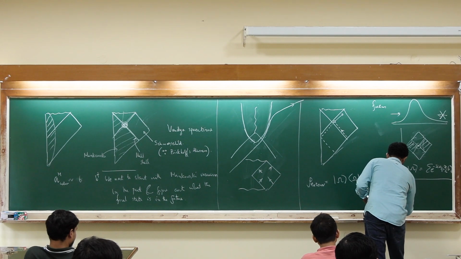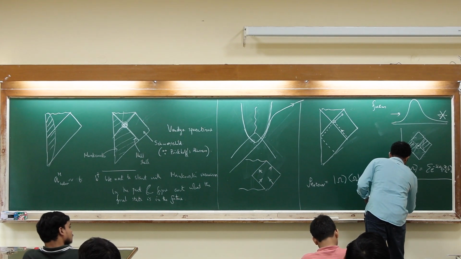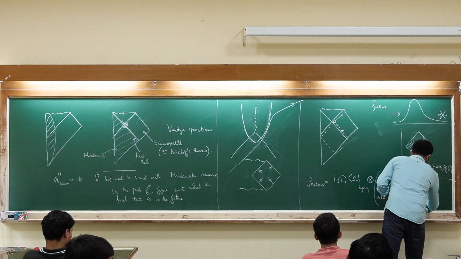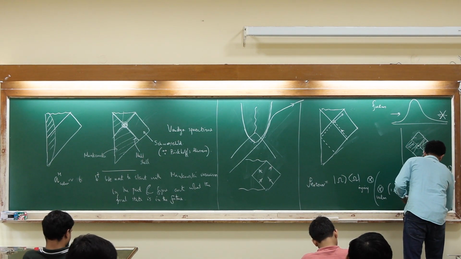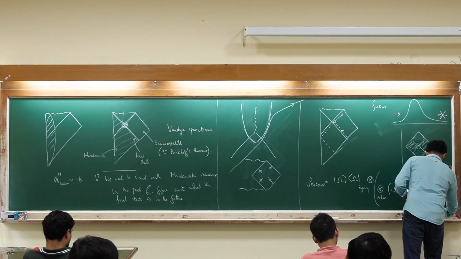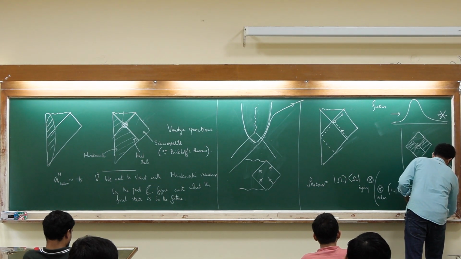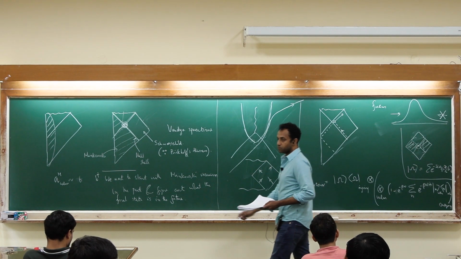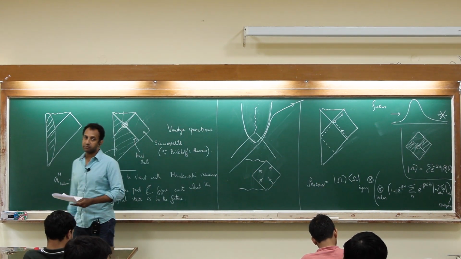So this is something that I wrote down before. I'm just repeating what I wrote and then giving you some reasons to believe it. Okay, so this is the state that I'm working with.